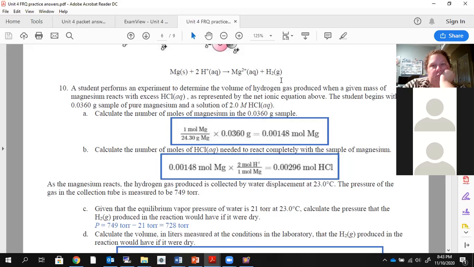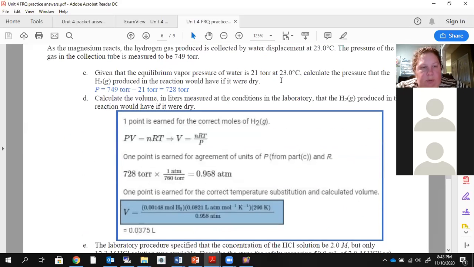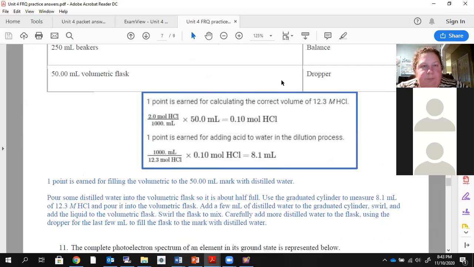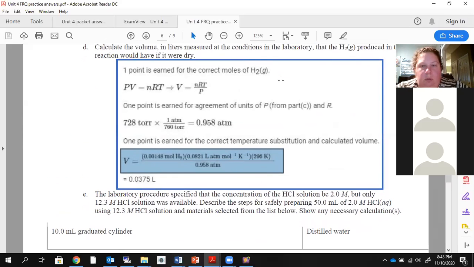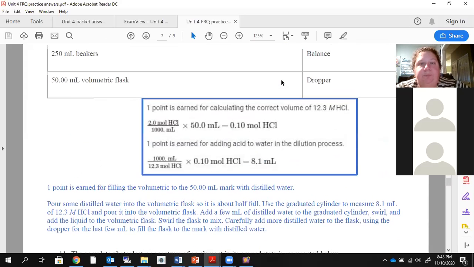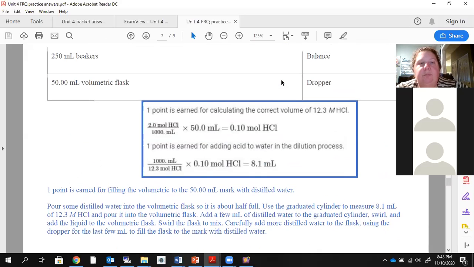Do part E for number 10 also. Part E. So we need to make a 2 molar solution, but we only have 12.3 molar, so we're going to have to do a dilution. We'd have to do a little bit of math first to figure out what volume of final solution we would actually need.